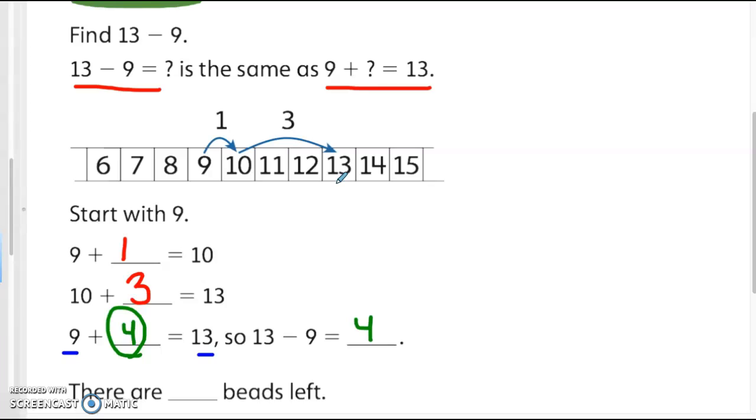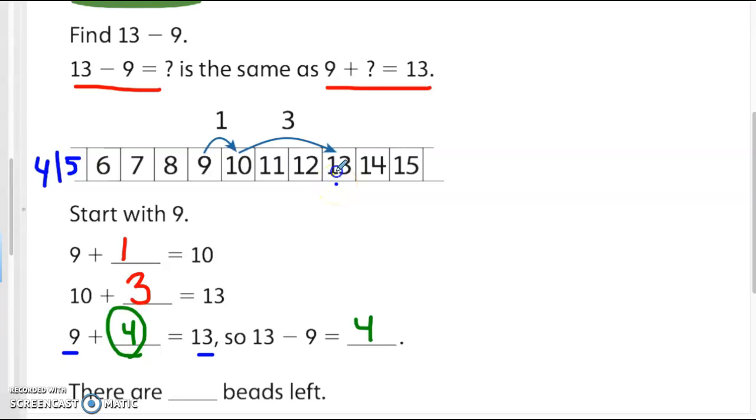If we're at 13, and we need to minus 9, and the number line doesn't go that far. Darn it, I wish it would. We'll make it go that far. So 13 minus 9.